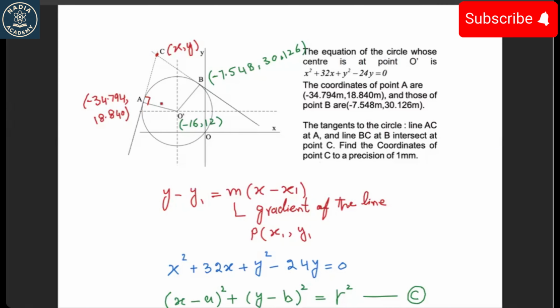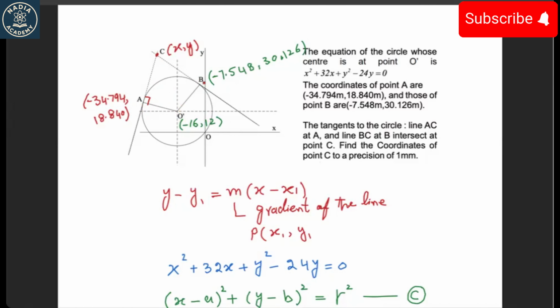So if we can find the coordinates of the center of this circle, then we can find the gradient of this radial vector. That will be the negative reciprocal for the tangent AC. Similarly, you can find the gradient for the tangent BC.